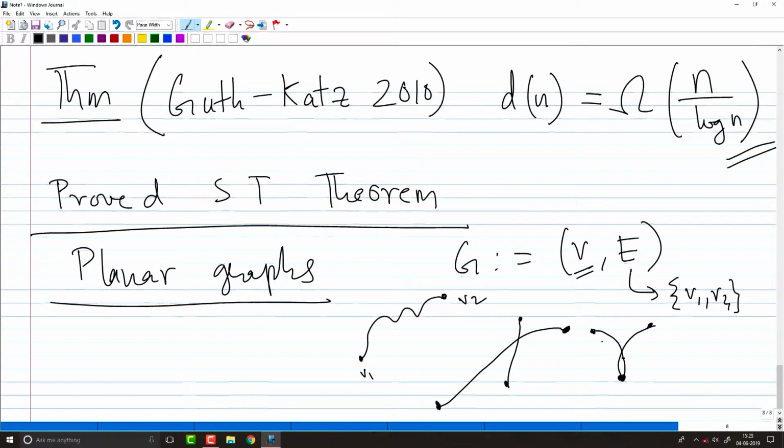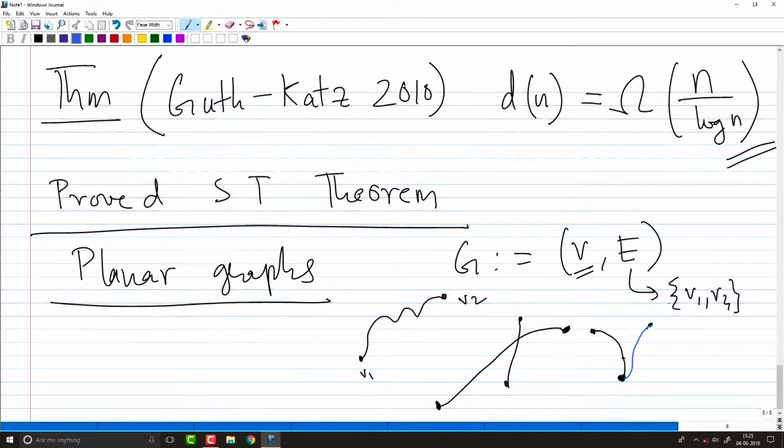Whatever your drawing, I can remove this intersection. What will I do? Rather than using this line, I will use this. It will be something like this. The black one I removed, and the intersection goes down by 1.